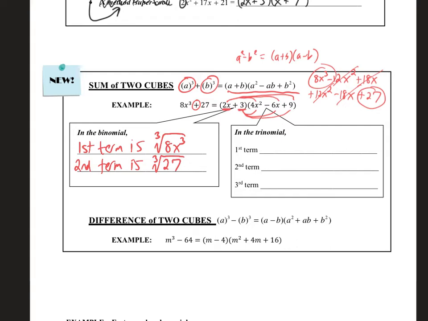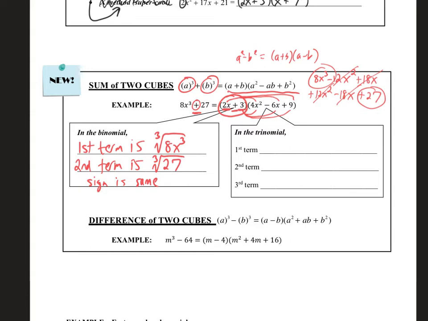That's what they're talking about with this 2x plus 3 right here. And the sign is the same. What does it mean by the sign is the same? It was plus here, and it's also plus in that binomial of 2x plus 3. So the cube root of 8x cubed is 2x. The cube root of 27 is 3. And the sign is going to be the same.